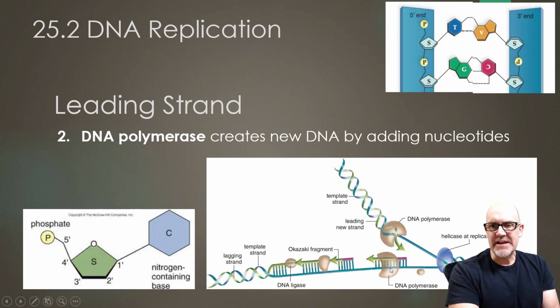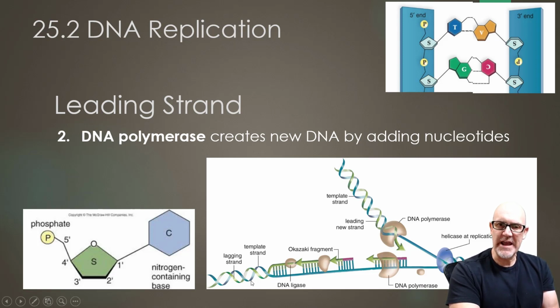I mean, it's actually working in the same direction literally, because it's going from a 3' to a 5' end, but it has to go away from the replicating fork. And while it's going away from the replicating fork, it builds nucleotides in that direction.